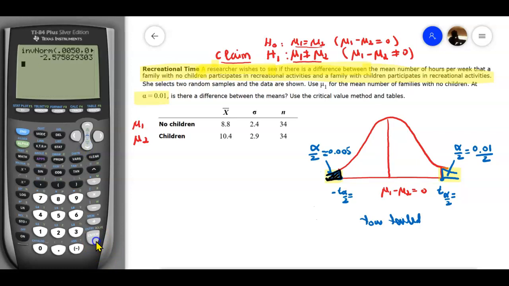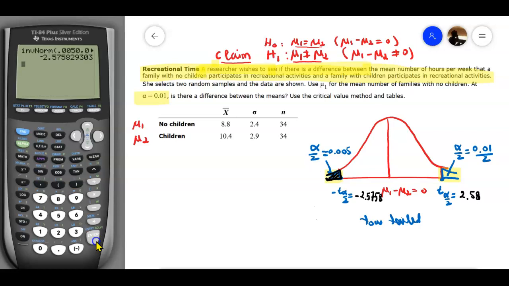So this is going to be minus 2.5758. I'll round it in a moment.